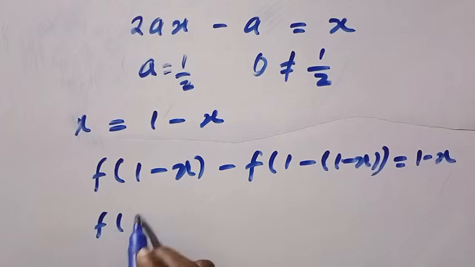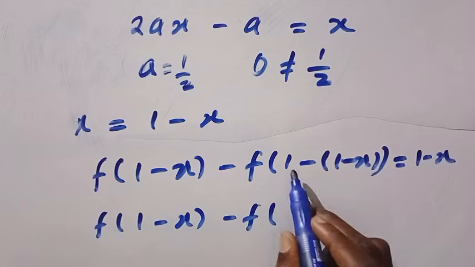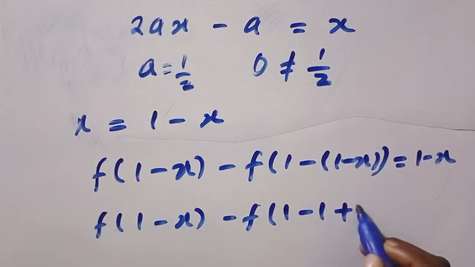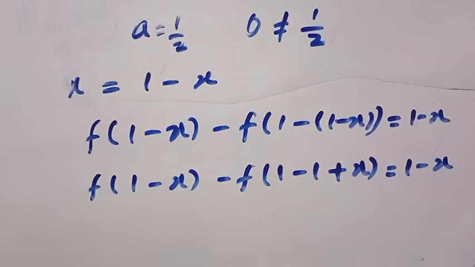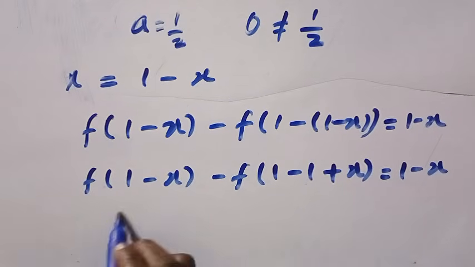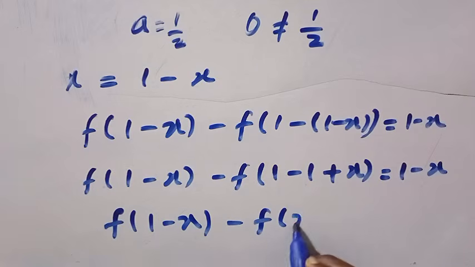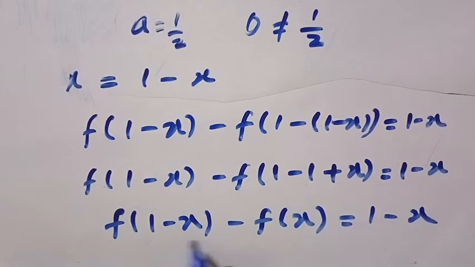That gives f of 1 minus x minus f of x equals 1 minus x. So we check the substitution ways to see if this is going to be equal.